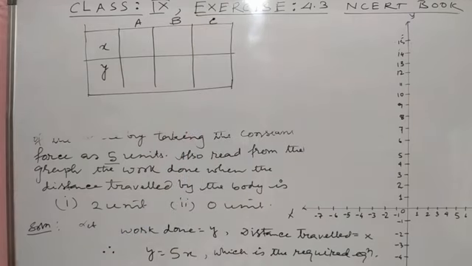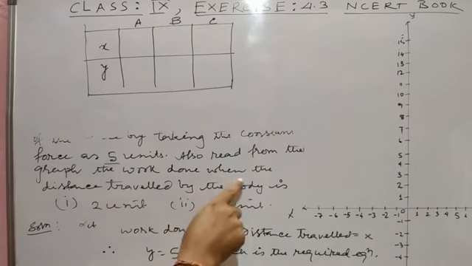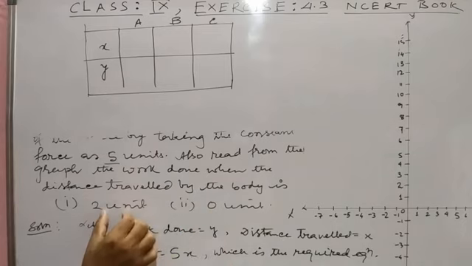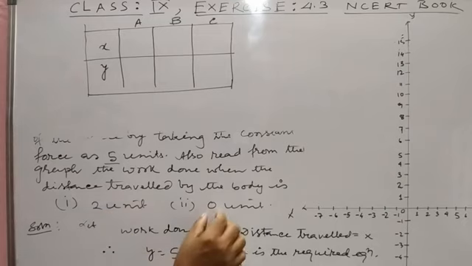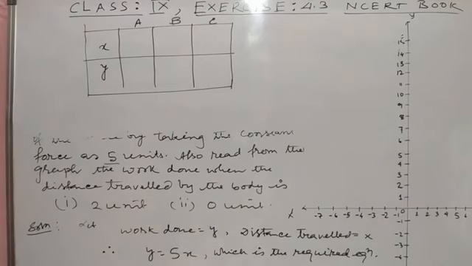Now see, it is already given that we have to read from the graph the work done when the distance traveled by the body is 2 units and 0 units. That is, the values of X, 2 and 0, are already given, and we have to read them from the graph. So we cannot give the value of X as 2 and X as 0.